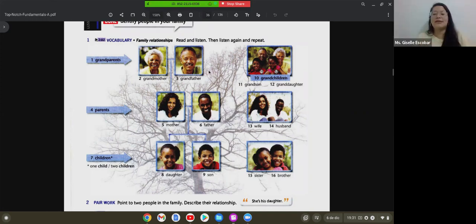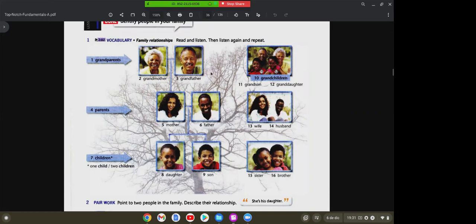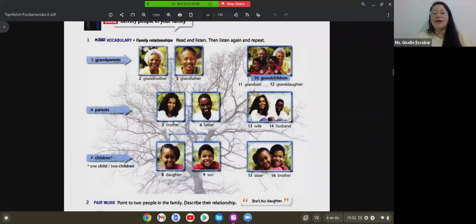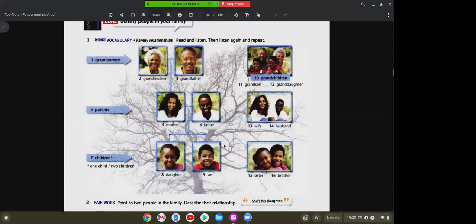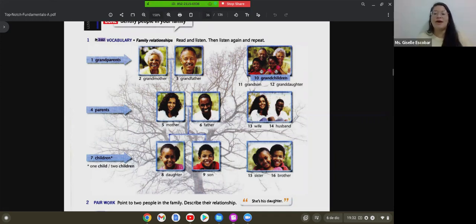But the whole sentence. He is her grandfather.